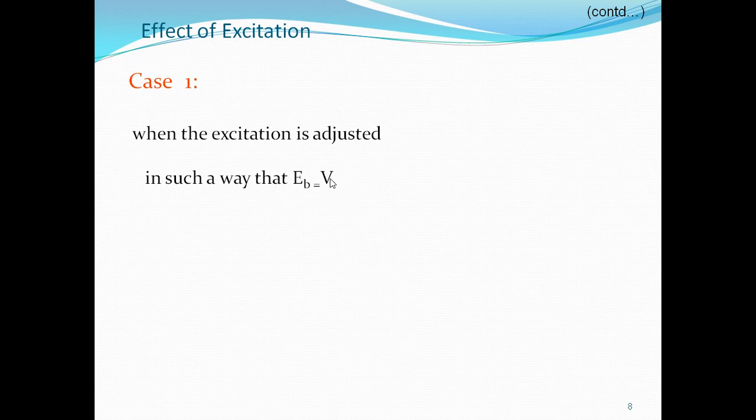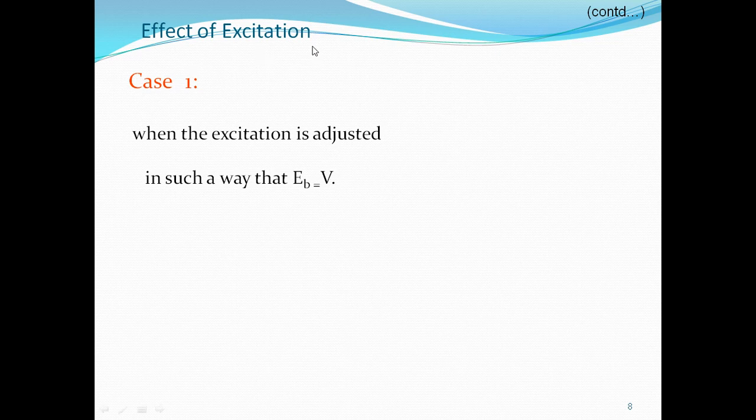It is normal excitation. So normal excitation is when EB is equal to V. Understood? Already, what condition have we taken? We have taken the power constant and the voltage constant. Under that condition, we are changing the excitation.